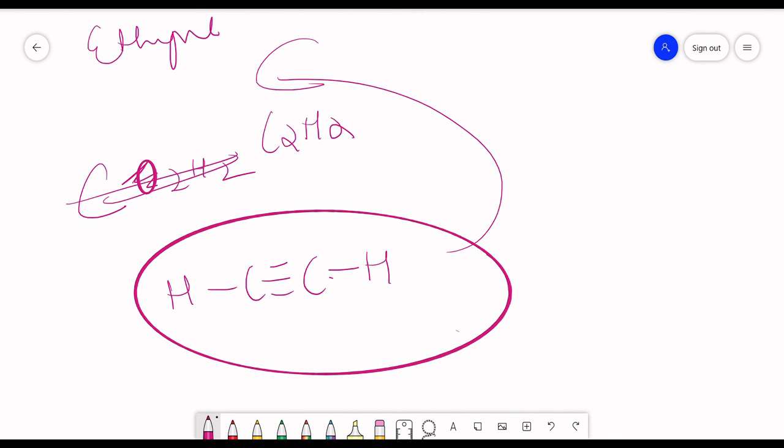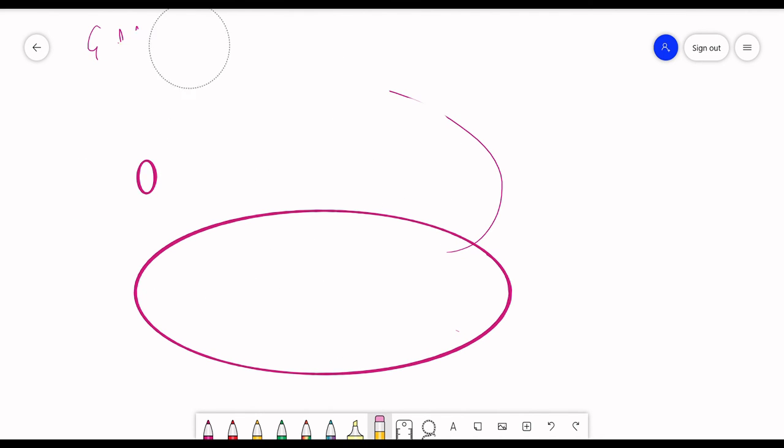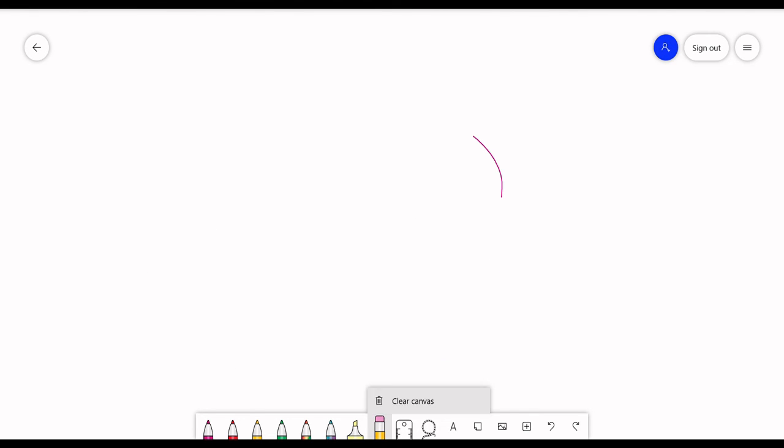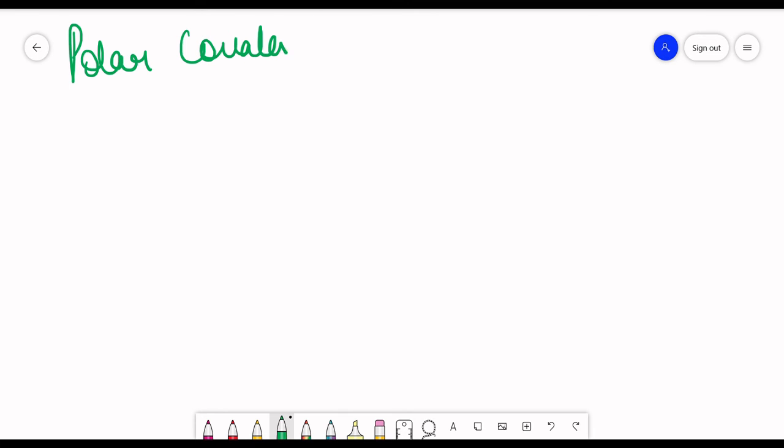Now let's study polar and non-polar covalent compounds. Polar covalent compounds are those formed due to unequal sharing of electrons. Means unequal electrons are shared in polar covalent compounds. On the other hand, in non-polar covalent compounds, equal sharing occurs. First I'll discuss polar covalent compounds.